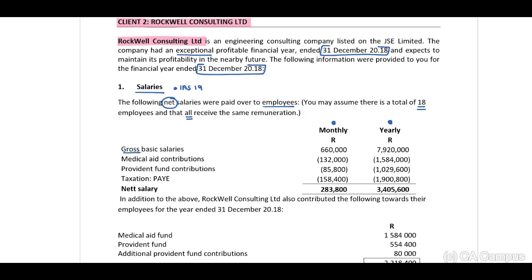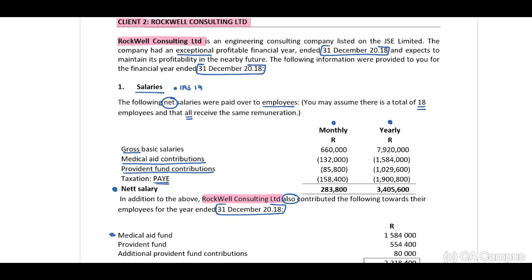We have gross basic salaries, medical aid contributions, provident fund contributions, taxation pay as you earn, and net salary paid over to our employees. In addition to the above, Rockwell Consulting Limited also contributed the following towards their employees for the year ended 31 December 2018.